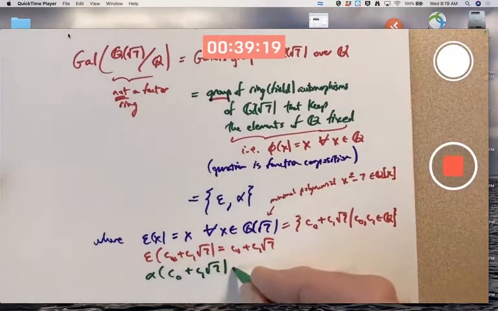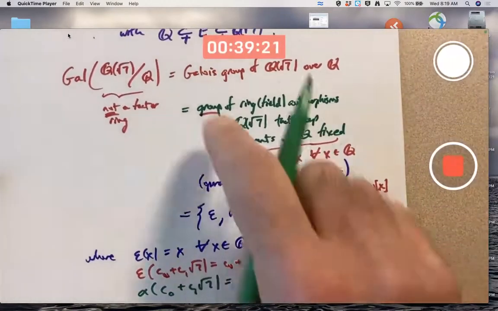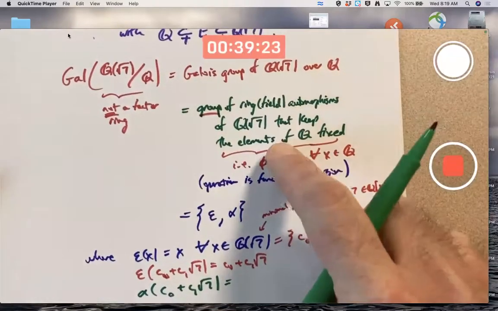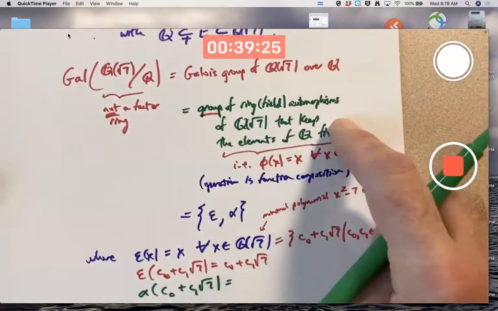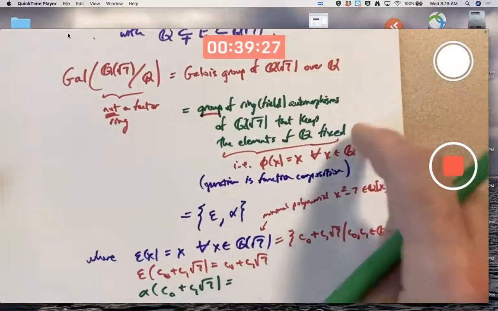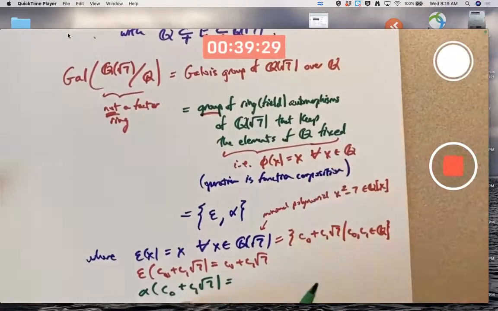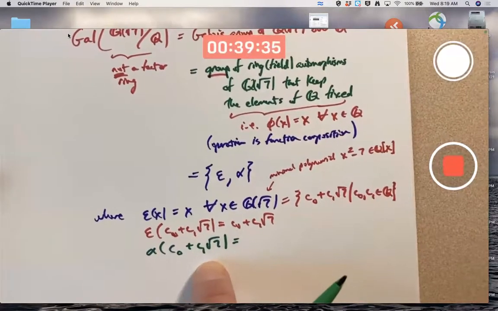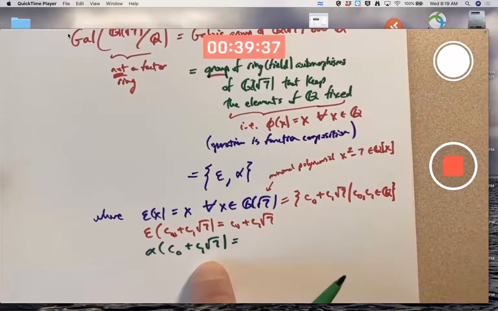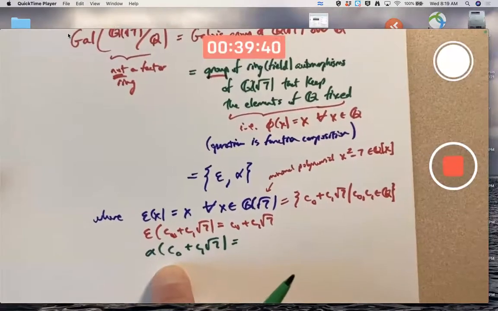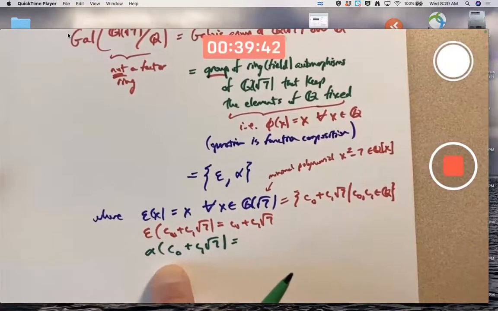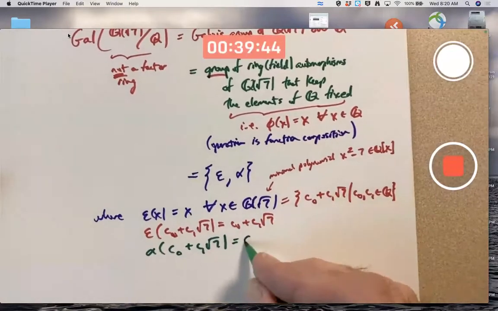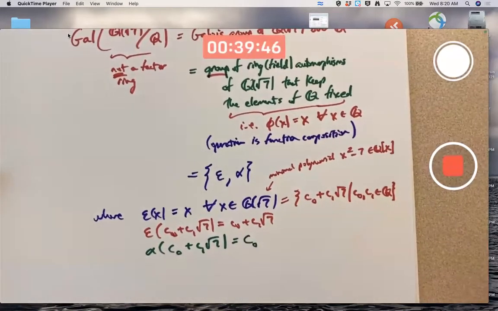Well, if it's going to keep Q fixed, the Galois group is the group of field automorphisms of Q adjoin root 7 that keep all the elements of Q fixed. Alpha's got to keep the elements of Q fixed as well. In other words, for example, if C1 is 0, if the element is just C0, the output better be C0, if it's going to keep all the elements of Q fixed.